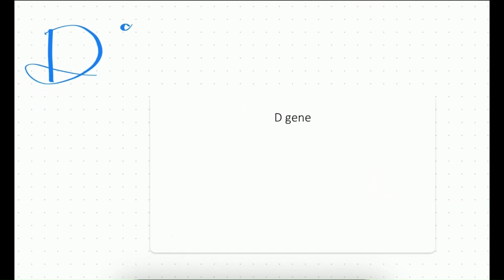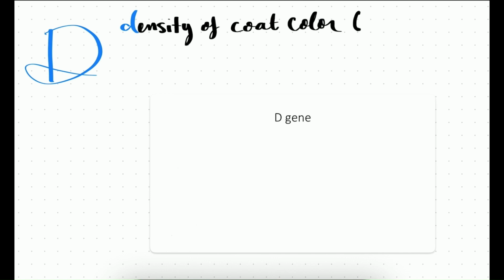The D gene. The D gene controls the density of the coat color. The D gene is specifically or scientifically known as the MLPH, or melanophilin gene, and it controls the density of coat color. The D gene also has 2 alleles, big D and little d.